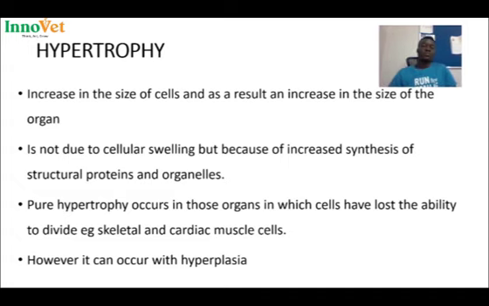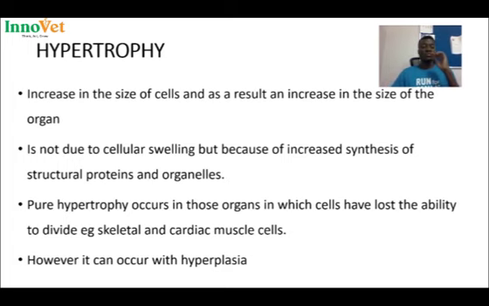This hypertrophy is not due to cellular swelling. It's because of the increased synthesis of structural proteins and organelles. The more proteins and organelles that are being deposited within the cells are the ones that cause the cells to increase in size, but not just cellular swelling.